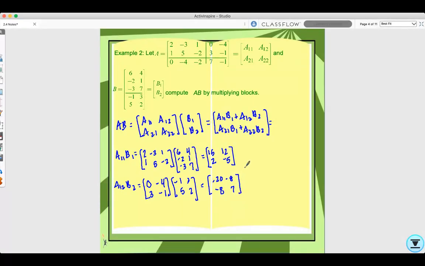Then when I take these and add them together, that is going to be this block up here. So I take these, add them together, and I get negative 5, negative 6, 4, 2. So that would be the top part here. Okay. Now what we need to do is find A21 times B1.